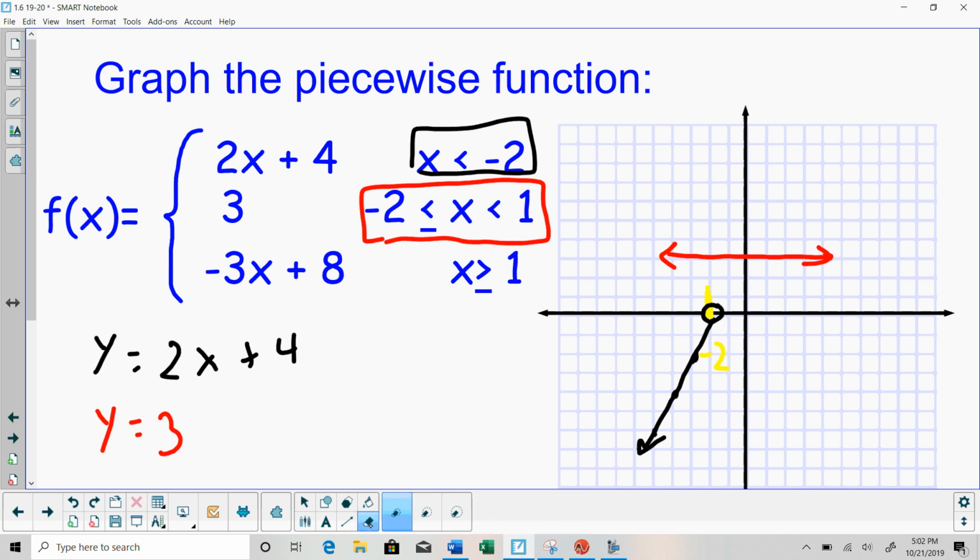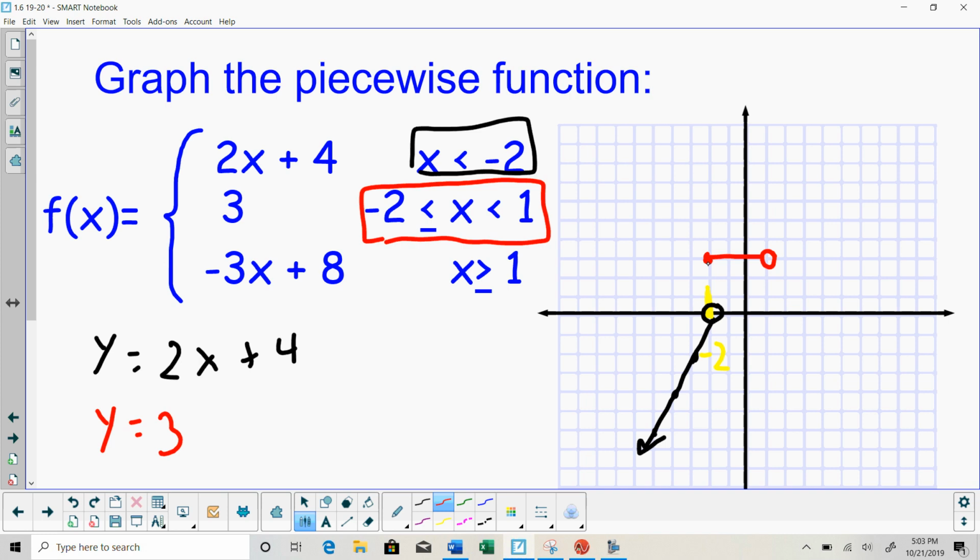So again, I'm going to erase everything less than -2, and everything greater than 1. I actually want to show that I have a hole in the graph here at 1, 3, but there'll be a point in the graph at -2, 3.